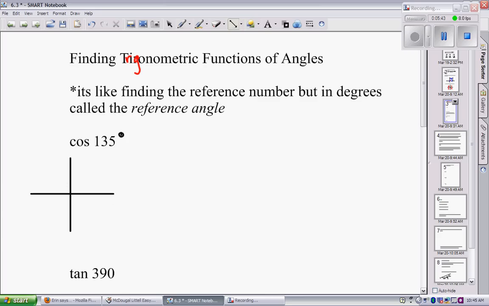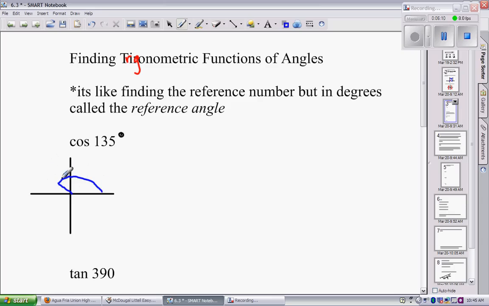We use the knowledge that we have on the unit circle. We start over here, this is 90 degrees, down to here would be 180, so we stop in between. Here's 135 degrees.